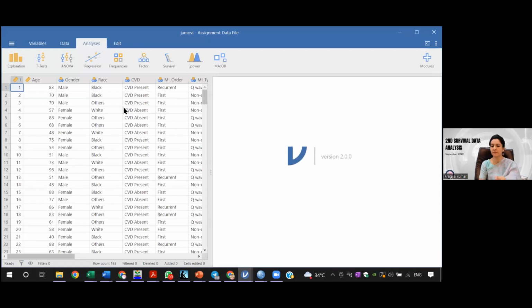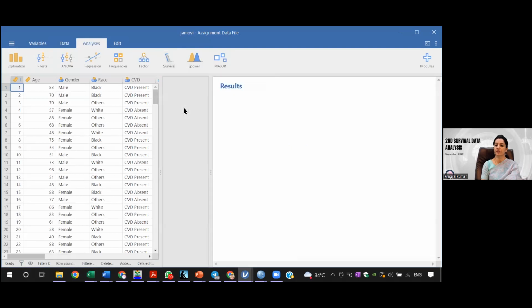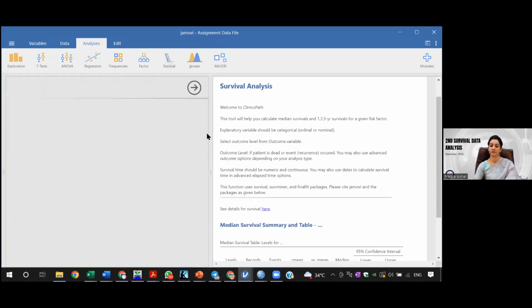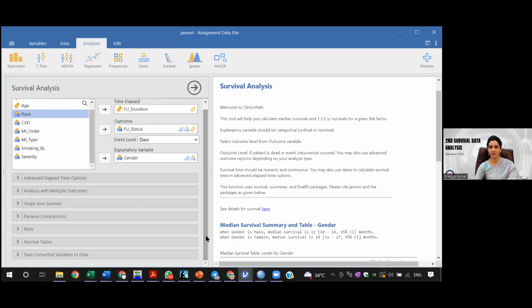So in JAMOVI, if you have to apply this, I'll go to survival, univariate, then go to follow-up duration here, follow-up status, event level, explanatory variable, and in the time period, start it from 0.